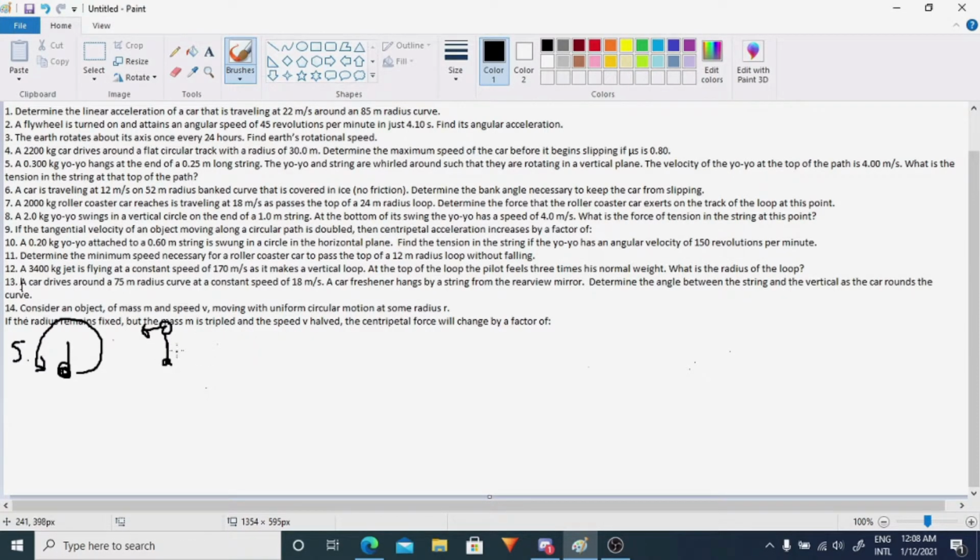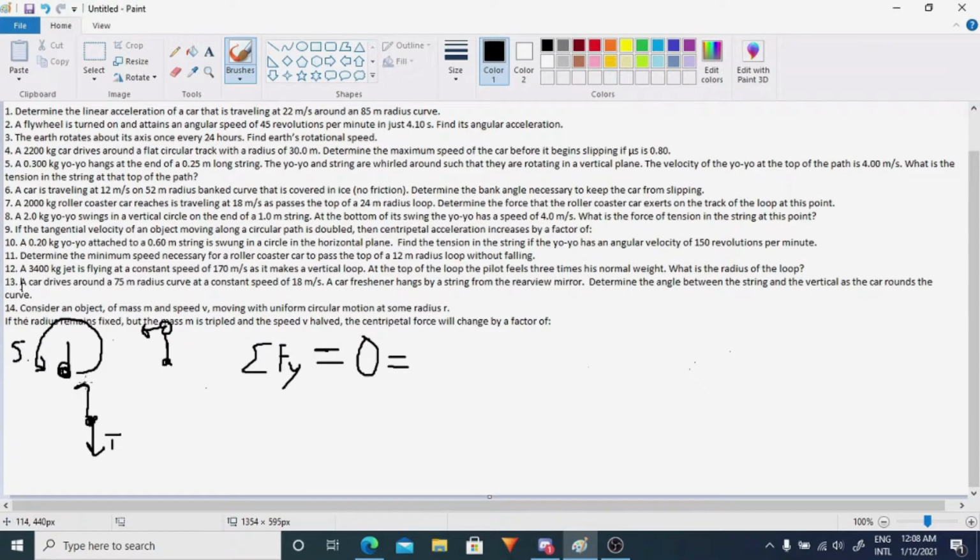So we can say here, the sum of all forces in the y direction, the vertical direction, is going to be equal to 0 because there's no acceleration at that moment, which equals, and if we draw a free body diagram, this will be our yo-yo. The tension is acting downwards.